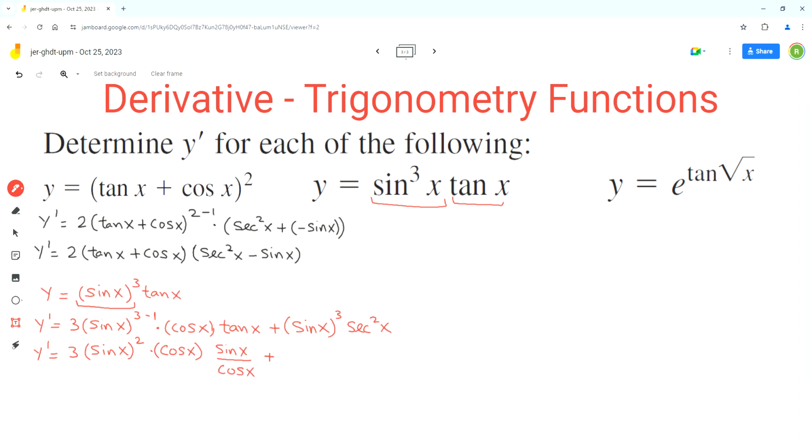Sine x cubed can also be written as sine cube x, and sine x squared can be written as sine square x. Then cos x and sine x over cos x, we can cancel out the cos terms, so we are left with just sine x.